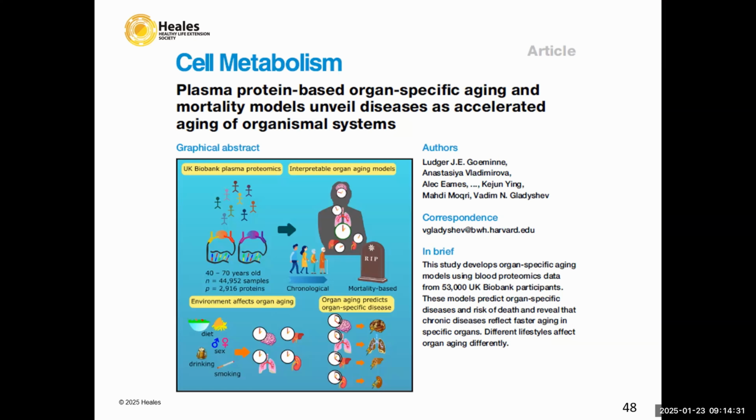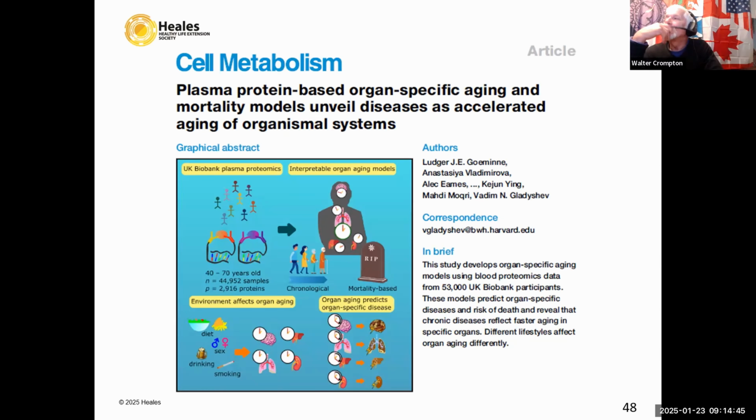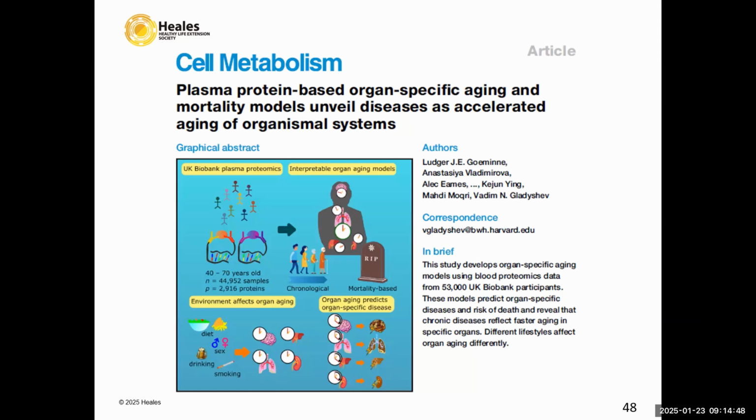Remember, Walt, there was only one pathway, the arterial measures, that were correlated with an increased risk when it looked like they were younger. And conversely, almost every organ that was showing the aging markers was also correlated with increased risk of death from a disease in that organ.